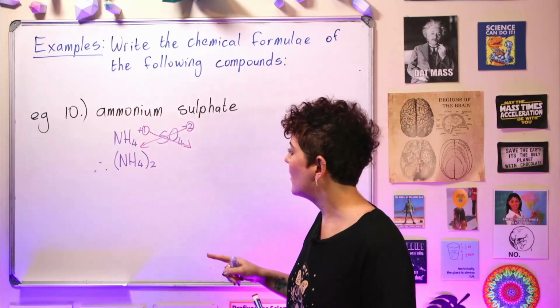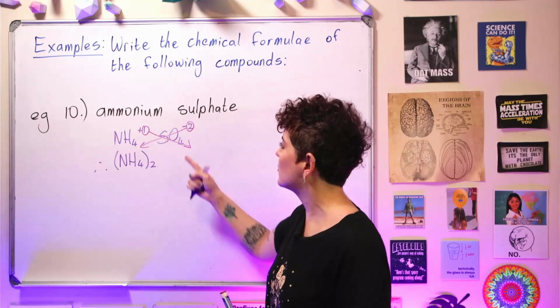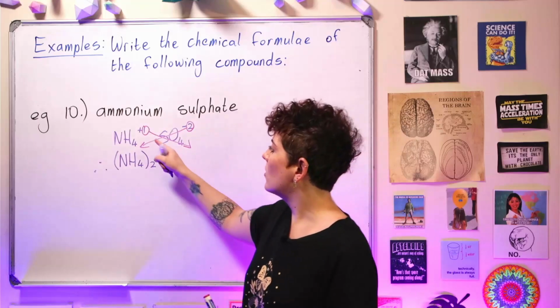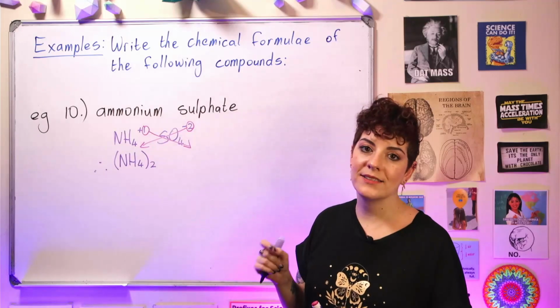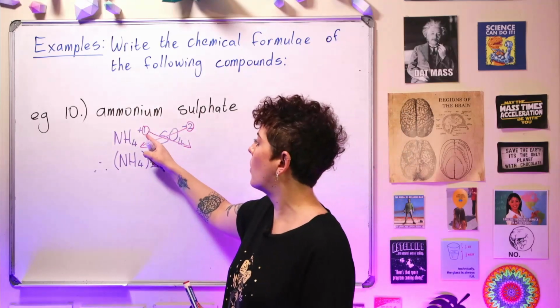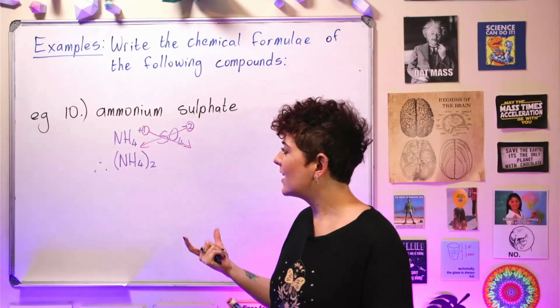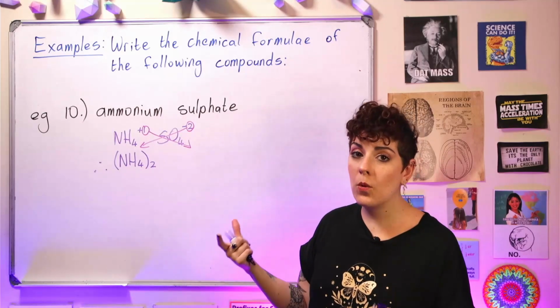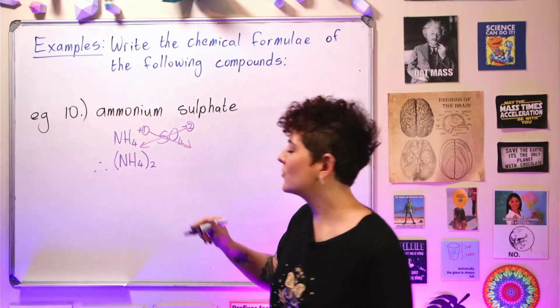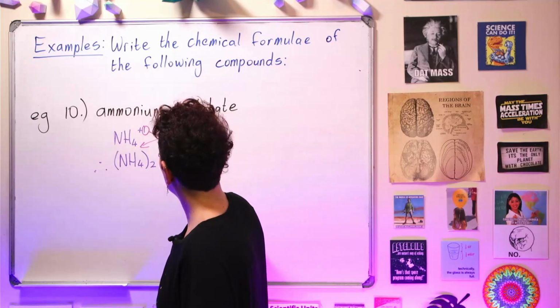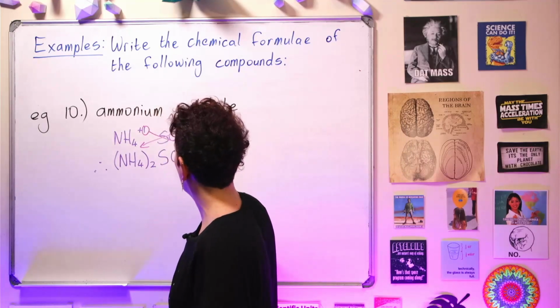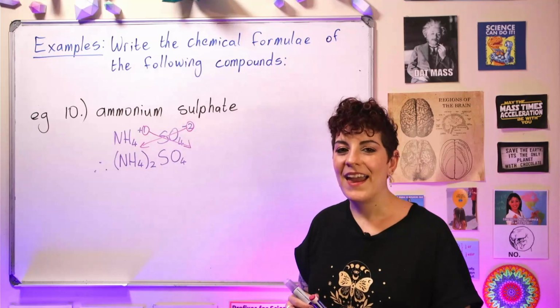Right. Now, the next ion is SO4, and I'm only going to land up with 1 sulfate because we cross over 1 from the ammonium ion's charge. So the sulfate that we land up with only 1 of, we do not have to put it in a bracket. So we simply write SO4 like that. And there you have it.